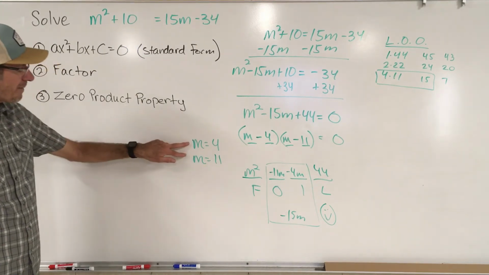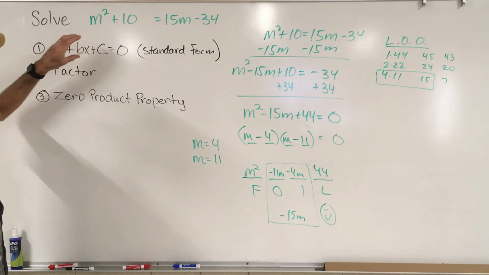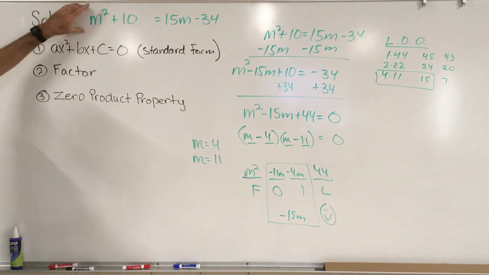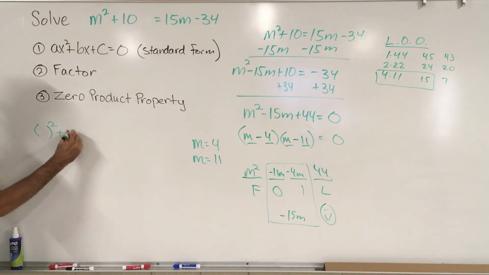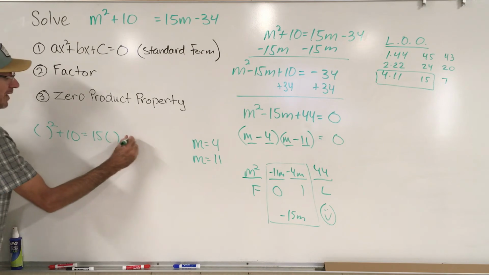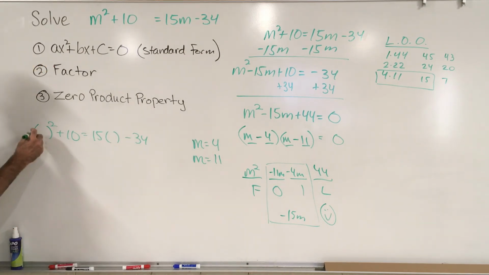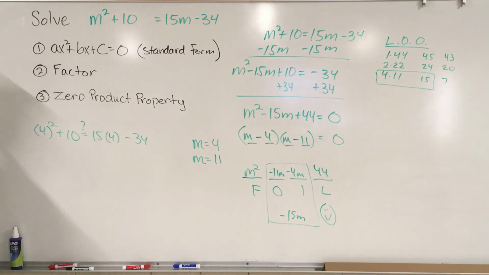So I'm going to take my two solutions and put them into my original equation and make sure that the left side does equal the right side. All right, so I'm going to take my original equation. So I have empty bracket squared plus 10 equals 15 times empty bracket minus 34. And I'm trying to check this. So I want to know if I put a 4 here and a 4 here, are those really going to be equal?